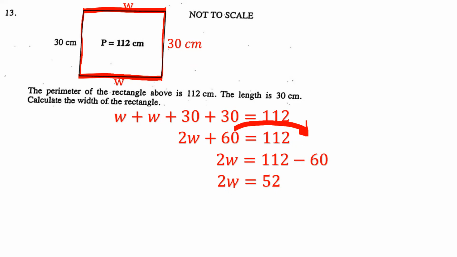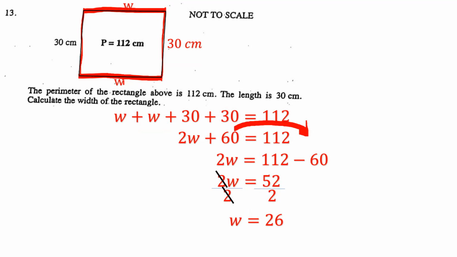Now at this point, we can divide both sides by 2. And if we divide both sides by 2 and we cancel, we get that W is equal to 52 divided by 2. And what is 52 divided by 2? 52 divided by 2 is exactly 26. And so that means that the width of the rectangle is 26.